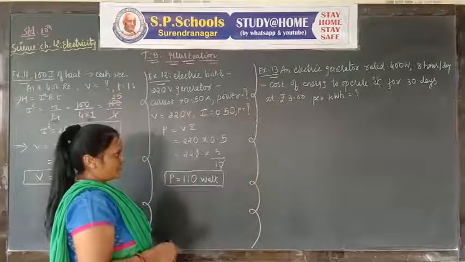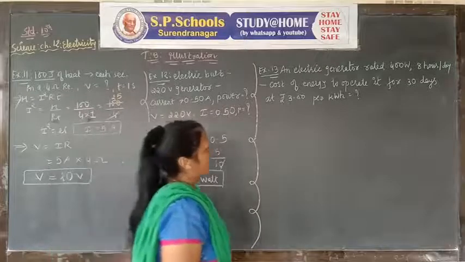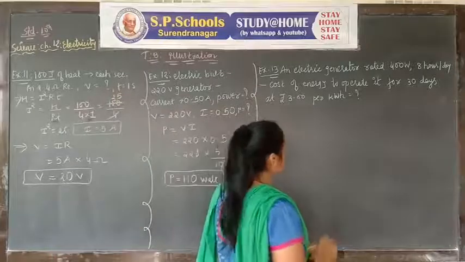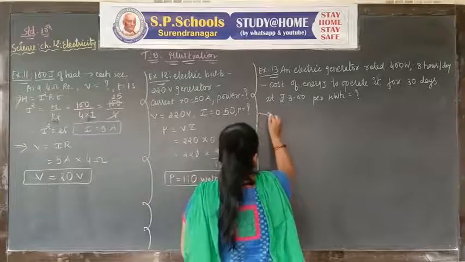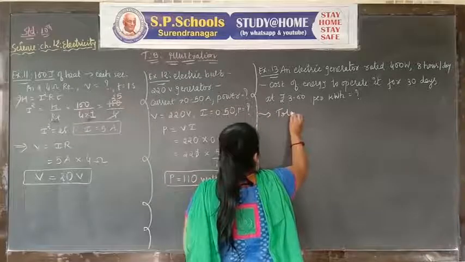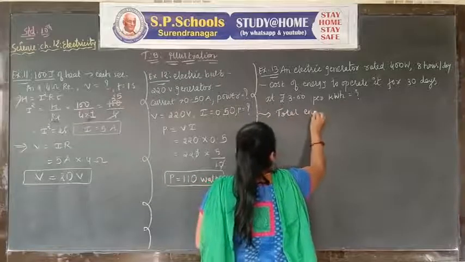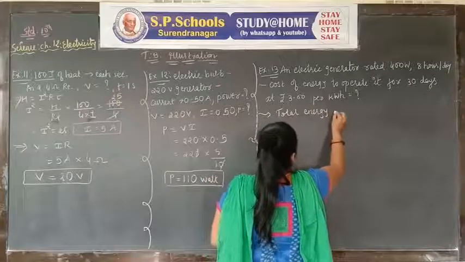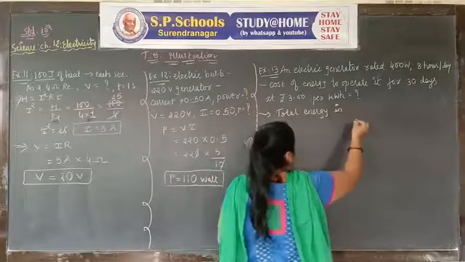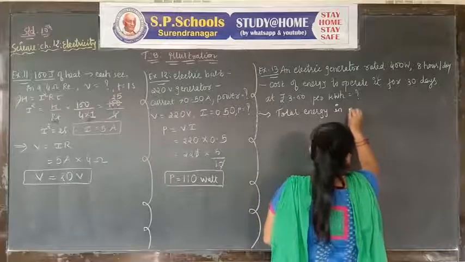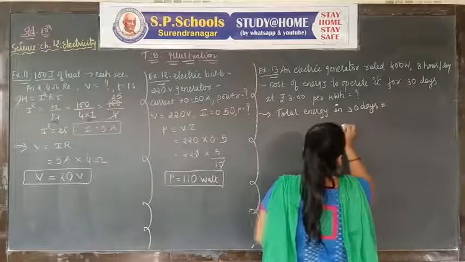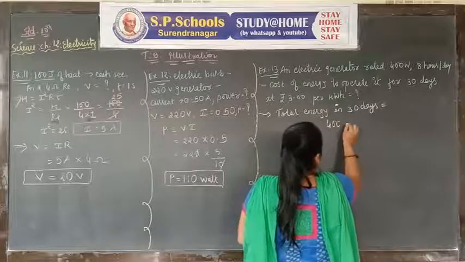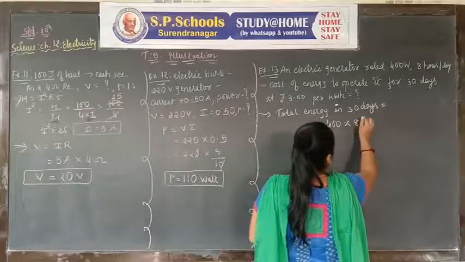According to our information, first we find the total energy in 30 days, which is equal to 400 into 8.